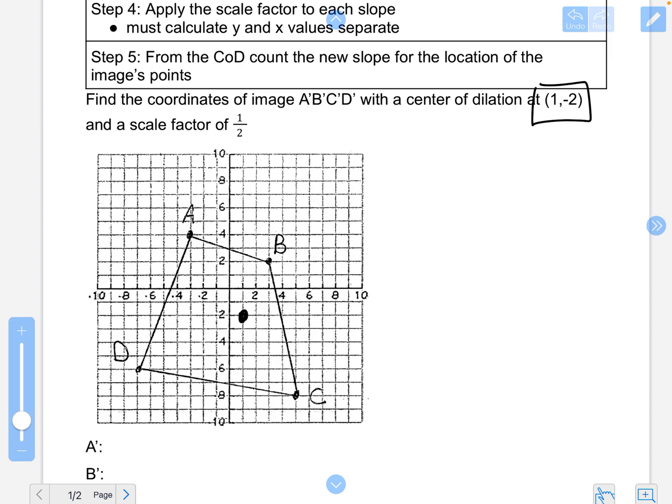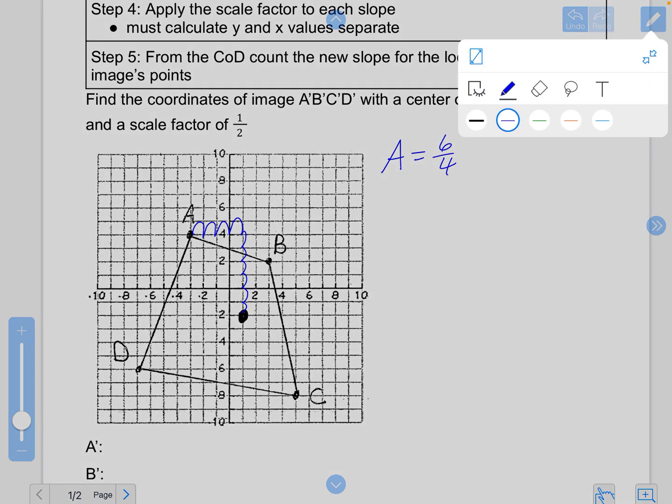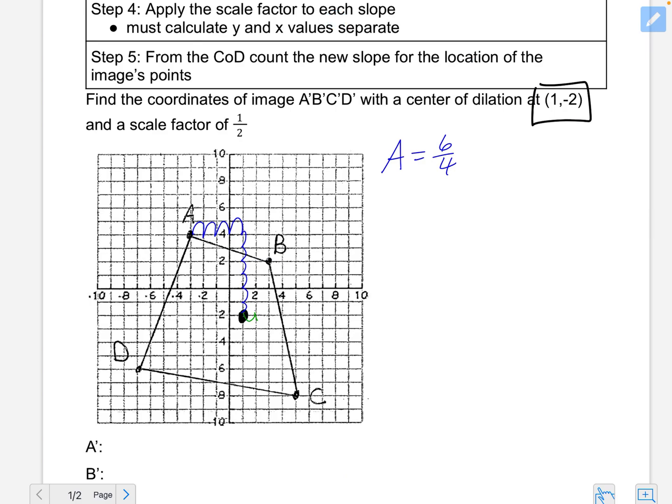What we need to do is find the slopes of all 4 points from the center of dilation. I'm going to start with A. 1, 2, 3, 4, 5, 6 rise, 1, 2, 3, 4 run. So A is 6/4. For what I'm doing right now, I do not want to reduce these numbers. I just literally want to know the rise over run to get to these points. For B, 1, 2, 1, 2, 3, 4.